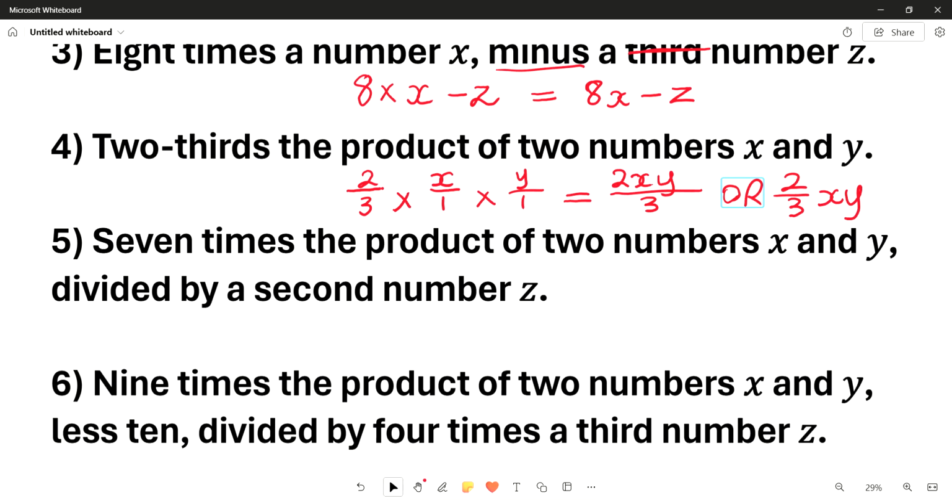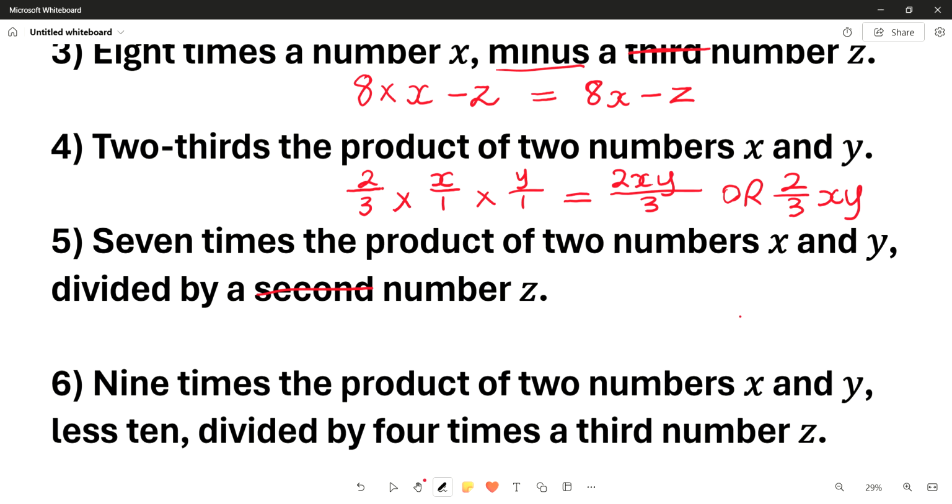Number 5, 7 times the product of two numbers x and y divided by, again, this should have been a third number. So 7 times the product of two numbers x and y divided by z, right? So 7 times the product, again, product means multiply. And then 7 times literally means 7 multiplied by the product of x and y.